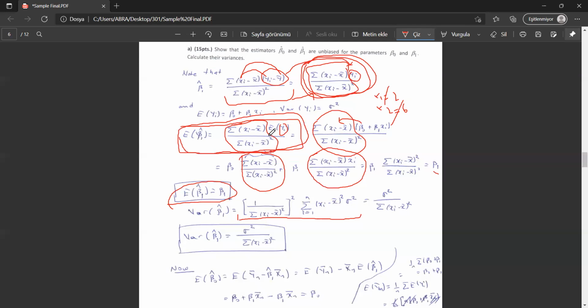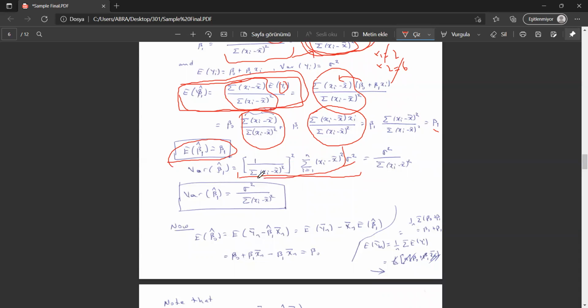We take the constants outside of the variance parenthesis as squared, right? Like 3y, variance of 3y is 9 times variance of y. This is what we have done here. And variance of y's are sigma squared. We know that from the assumptions of Gauss-Markov.